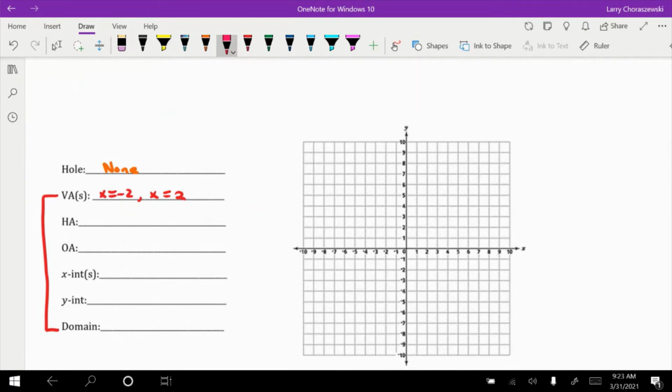So with regard to domain, these are exactly the values of x that we would not want to plug into our function. So once you have your VAs, you can quickly get your domain by writing out set notation and being sure to exclude those two as values of x to plug in. Does that make sense?